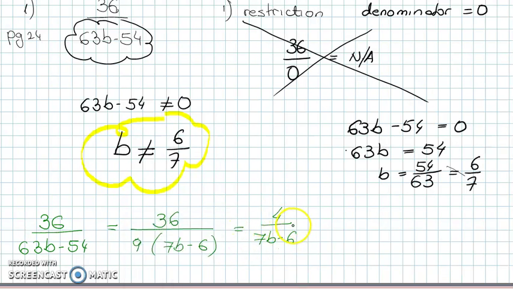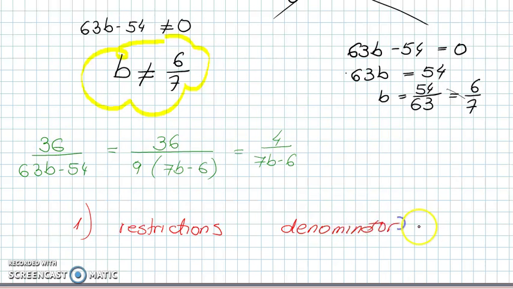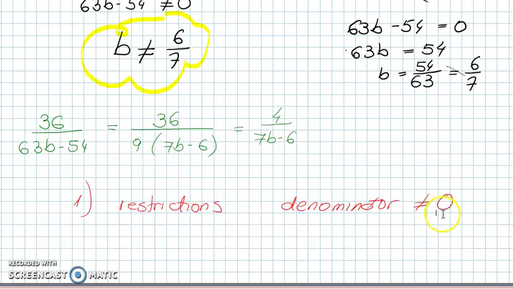I have simplified my expression. Simplifying means I have the exact same value, just I have found a way to write it with smaller values and it's easier to work with. So remember, whenever I ask you to simplify or work with a rational expression, first give me the restrictions, which means give me the values where I don't want the denominator to be equal to 0.